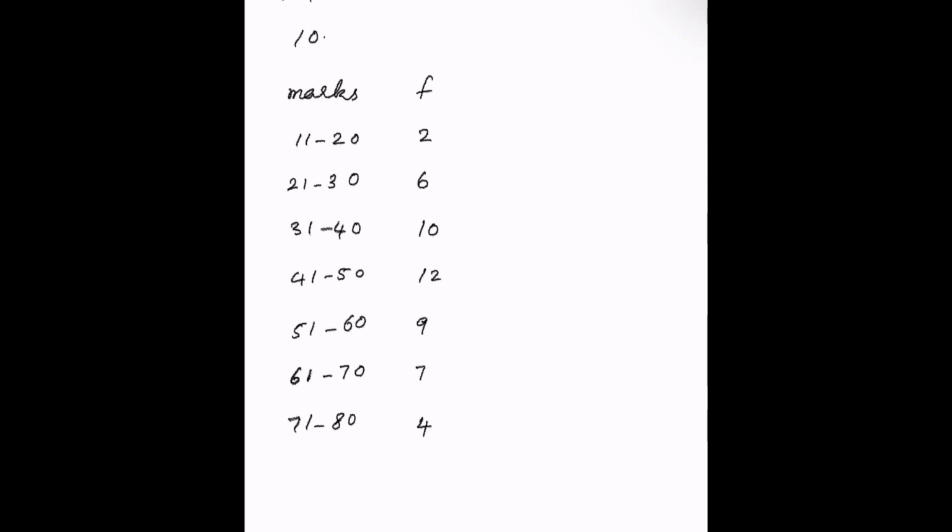What you need to do is lower limit plus upper limit by 2. That's all. So what is your x? x is 11 plus 20, just for one I'll write 11 plus 20 by 2, which is 31 by 2. 31 by 2 is 15.5.